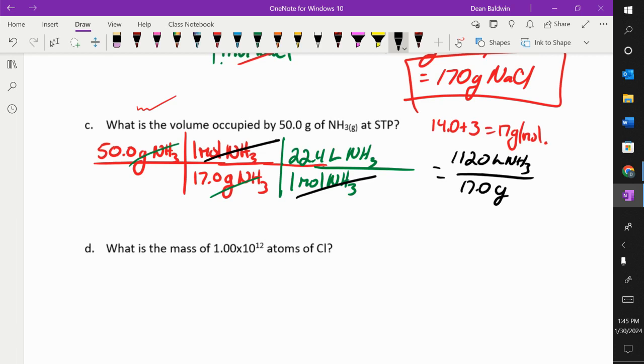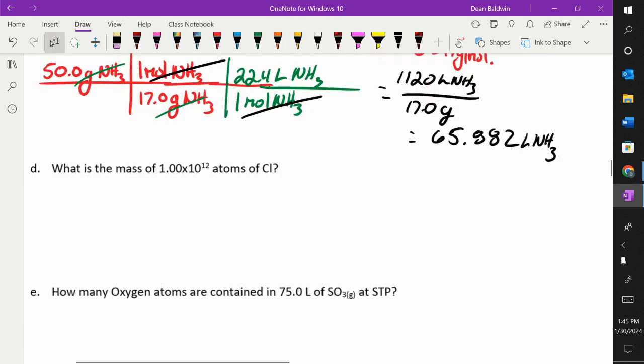And then I divide 1120 by 17. 65.882 liters of ammonia. Is that the right answer? What do we have to remember? Sig figs. How many sig figs do I have to have? 3, right? There's 3 there, there's 3 there. Or I guess there's infinite there. So 65.9.